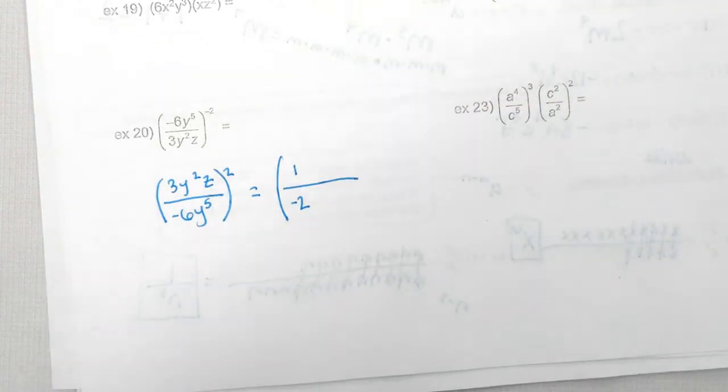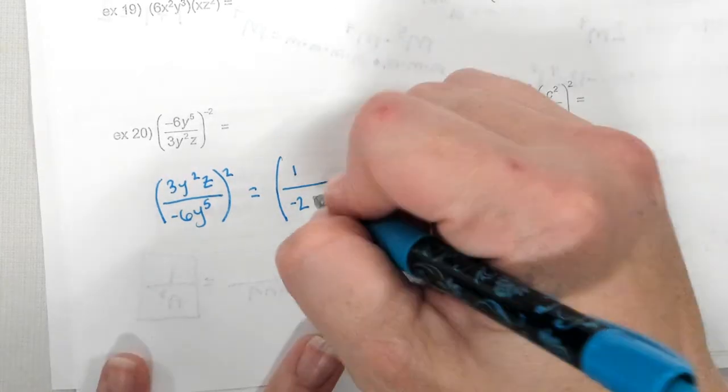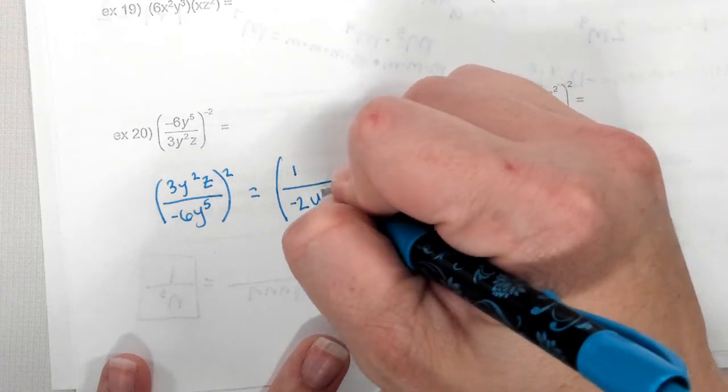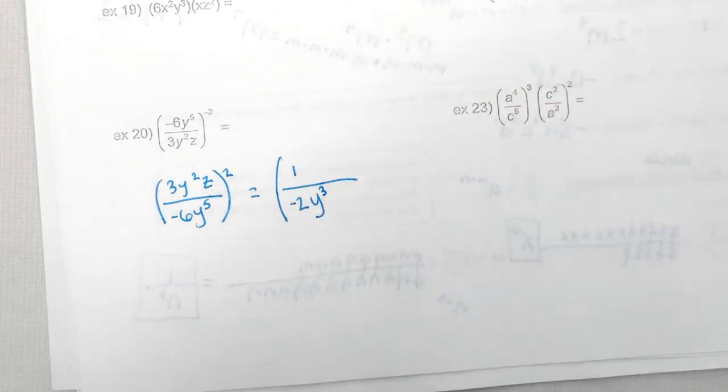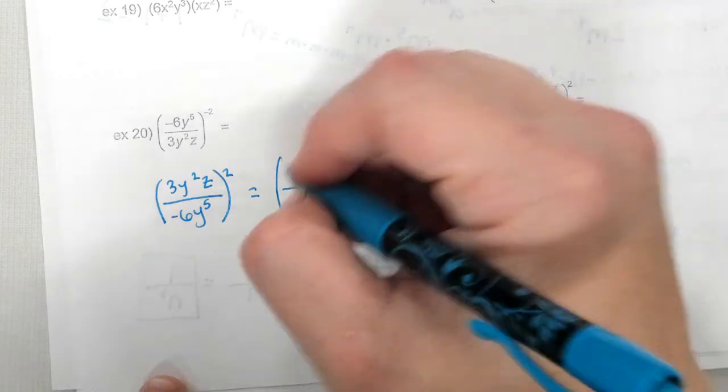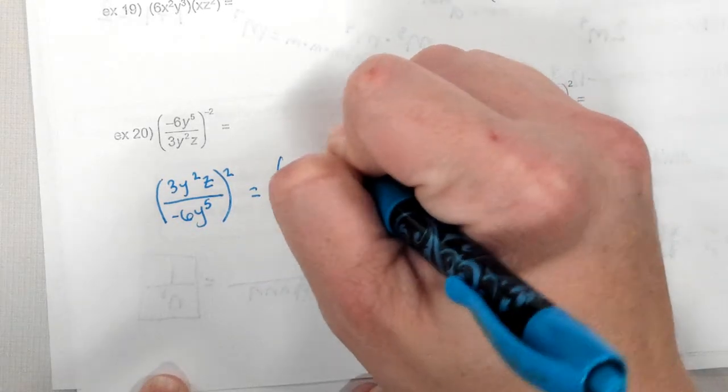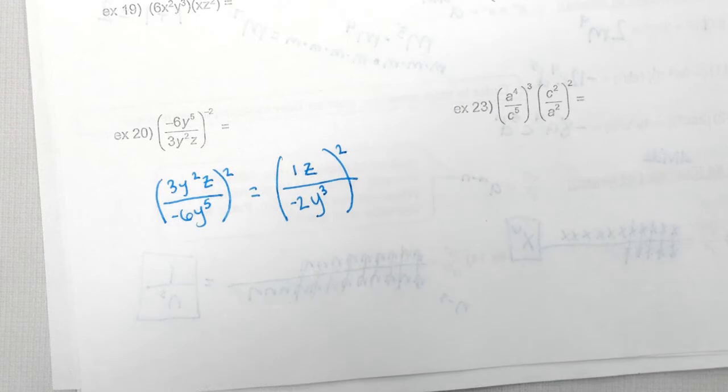Now, my y's are dividing, which means what am I going to do with my exponents? Subtract. And where are there more? The bottom. I have 5 on the bottom and 2 on top. And what's 5 minus 2? 3. And what do I have left? Z. And where is it? At the top. And the squared on the outside.